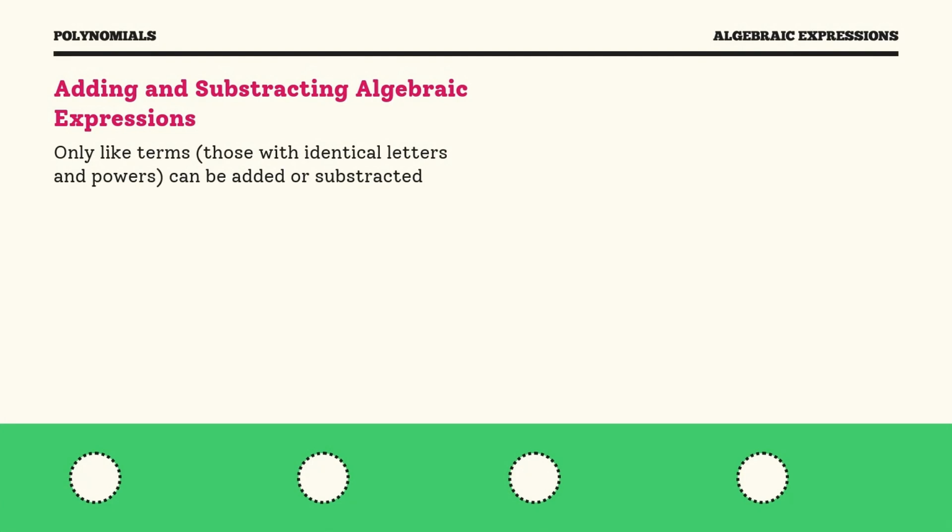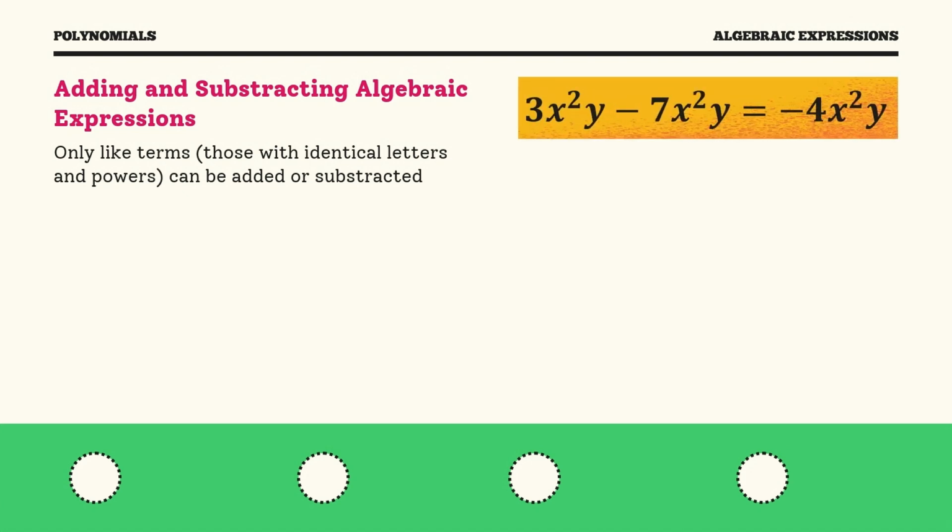Next, adding and subtracting algebraic expressions. We can only add and subtract like terms, those with identical letters and powers. For example, we can subtract 3x squared y minus 7x squared y because they have identical letters, that are x and y.